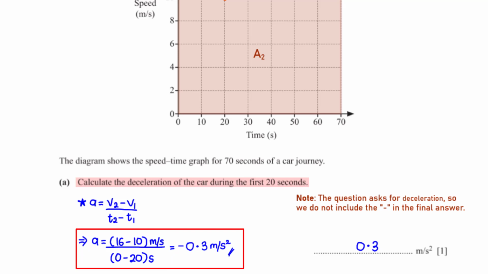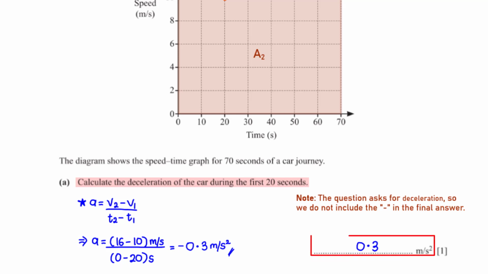A negative acceleration means deceleration, and since we've been asked for the deceleration, that will be 0.3 meters per second squared. If we were asked to give the acceleration, then we include the negative.